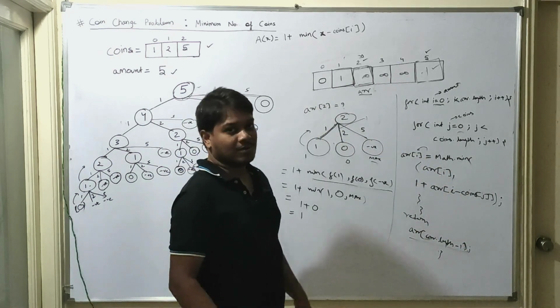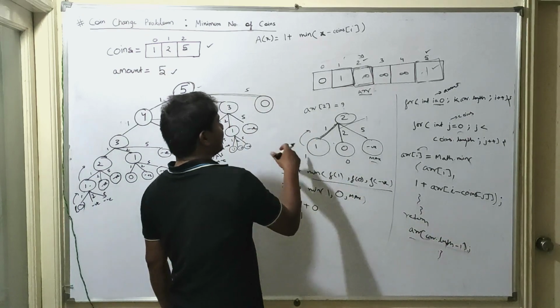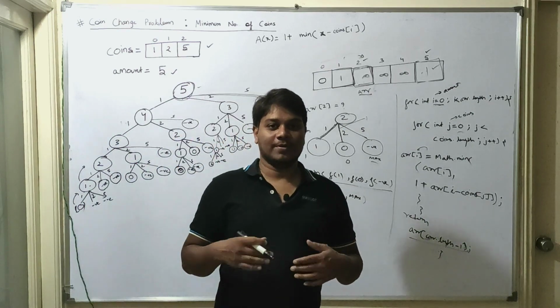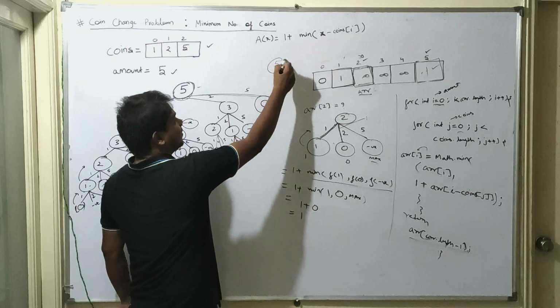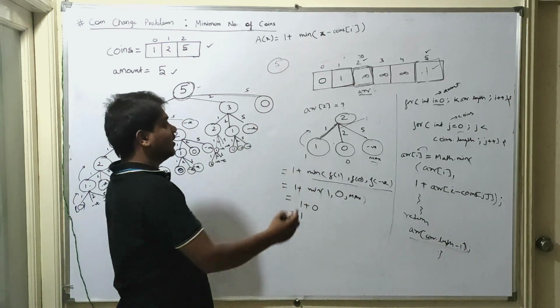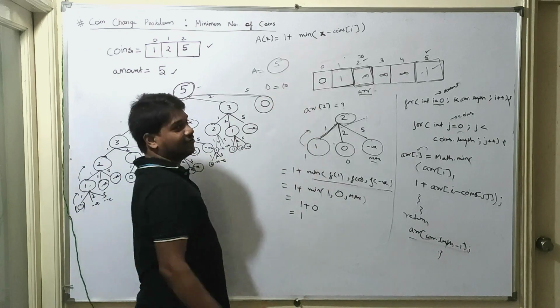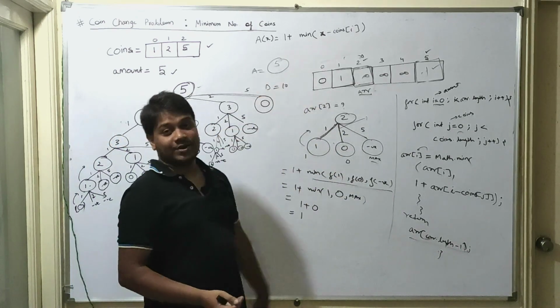But there is a scenario over here. Suppose we are given some denomination, and we are not able to make the change for that amount. Suppose the amount that we have to make is 5 rupee, and the denomination that we have been given is 10 rupee. So there is no way possible to make 5 rupee out of 10 rupee.